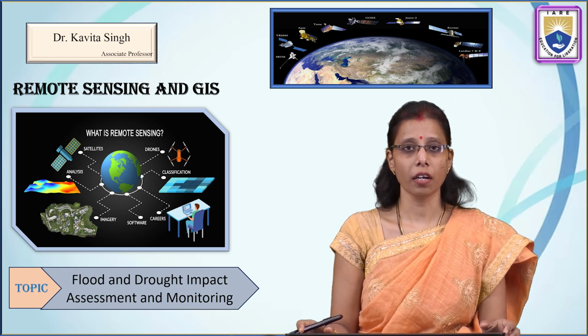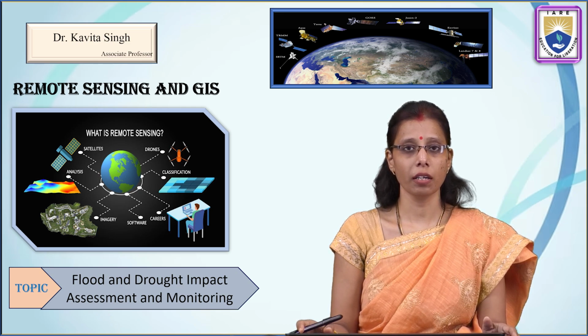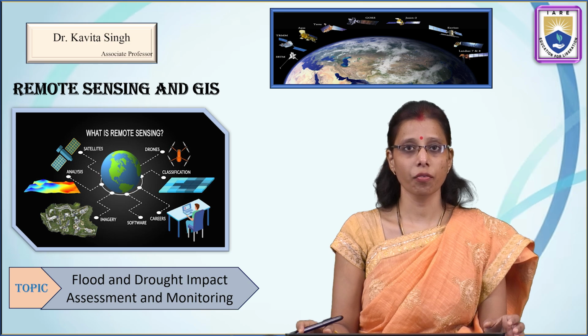We have to understand how GIS helps in monitoring and in mitigating the impact in areas affected by flood and drought disasters. How we can mitigate using GIS, we'll understand today.